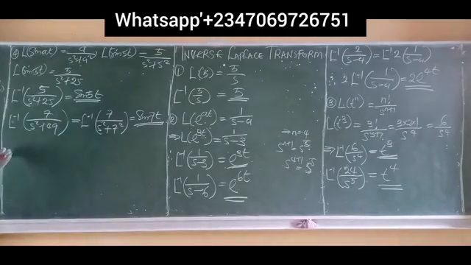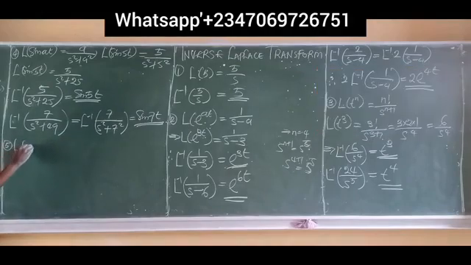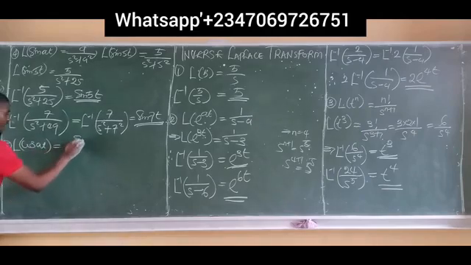The fifth thing I talked about in that video is the Laplace of the cosine function. So let's say we're asked to find the Laplace of cos at, and I simply said this will give us s over s squared plus a squared. We already did all of this in the previous 3 videos.